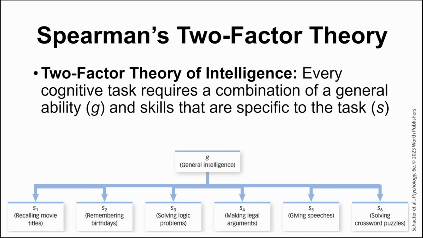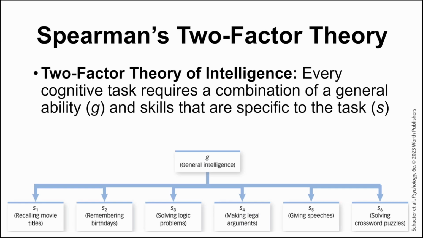Now, this theory said that if we're trying to explain the fact that we have general, overall positive correlations between certain cognitive tasks that any individual is going to get, but we're still going to be seeing some individual differences between different specific tests, then we must have some combination of two aspects.